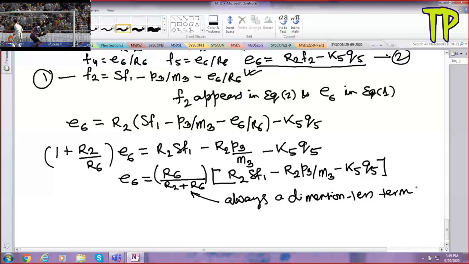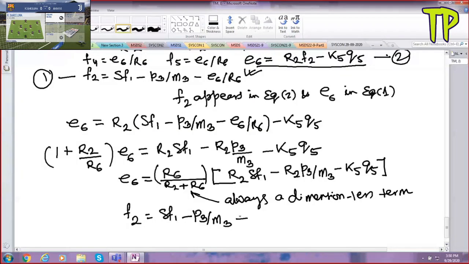So we got E6. Now we can get F2 also. We have E6, so we can get F2. Minus this whole thing divided by R6. So this whole thing divided by R6 means straight 1 by R2 plus R6 times this whole thing. Okay.